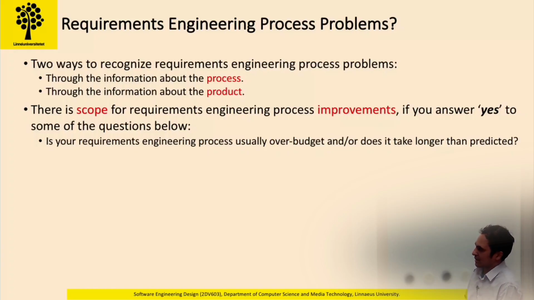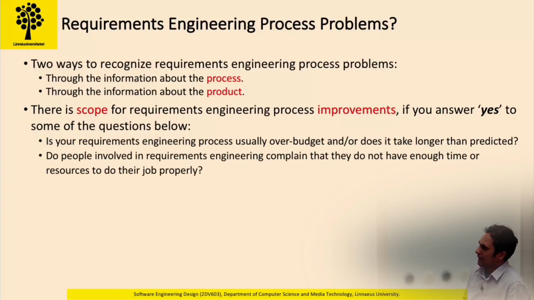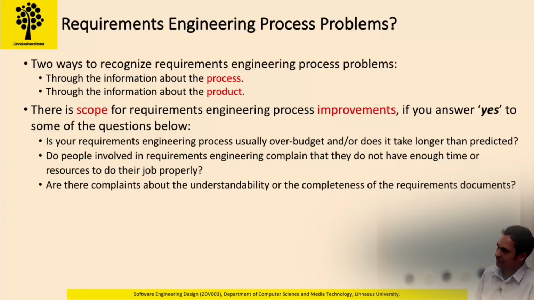So the first question is, is your requirements engineering process usually over budget, or does it take longer than predicted? If yes, that means you have a problem in your process. Then the second question is, do people involved in requirements engineering complain that they do not have enough time or resources to do their job properly? If yes, again, that means you have a problem in the process.